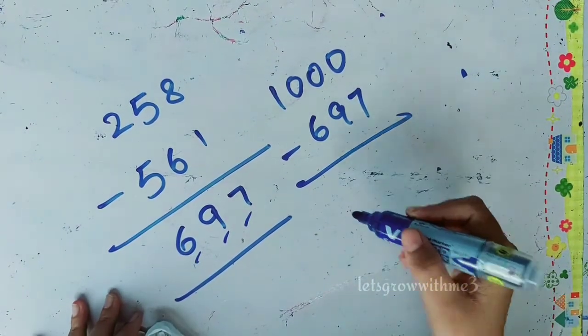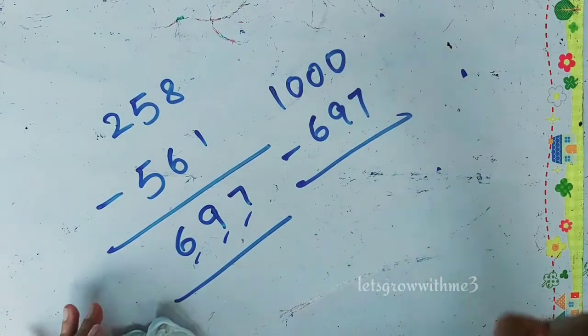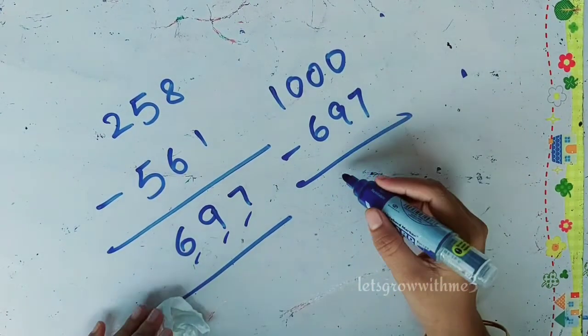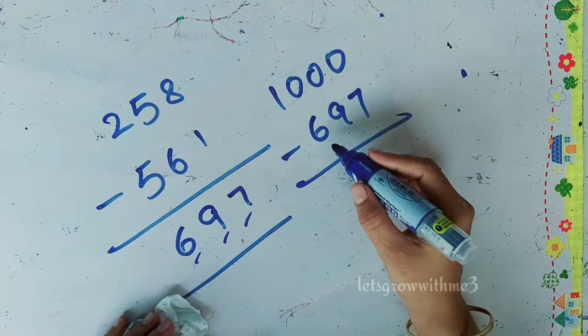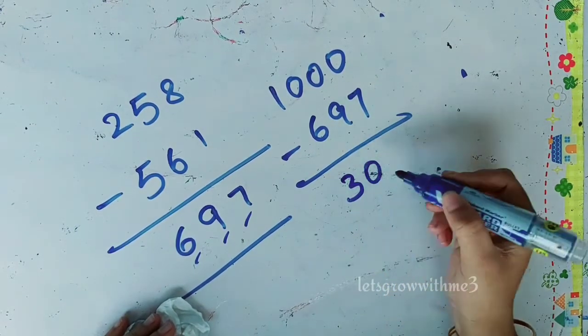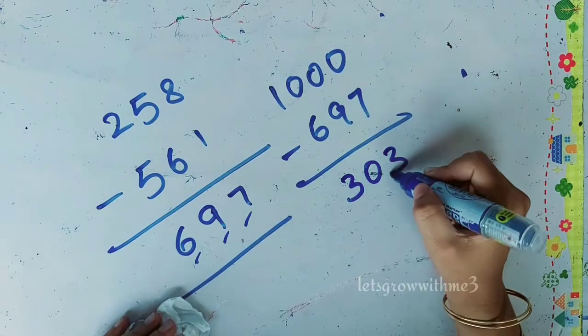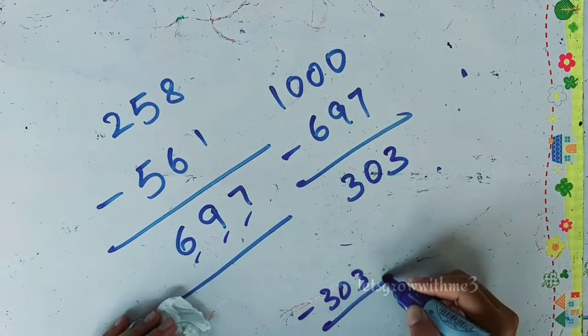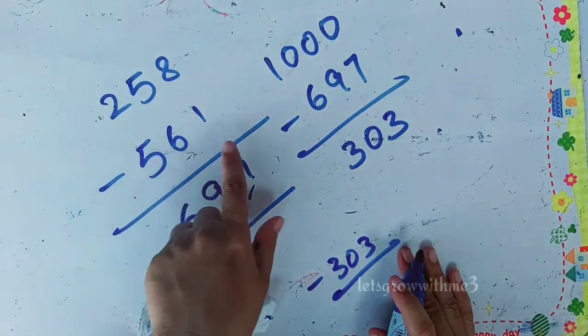Okay, so 6 plus 3 is 9, so write down 3. Then how much do you need to add to 9 to get 9, which is 0. Okay, and then 7 plus 3. Okay, so whatever answer we got, we need to assign the negative sign to this: minus 303.